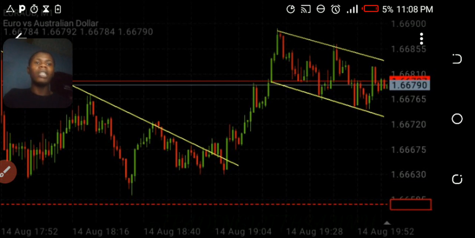No, that's where continuation chart pattern comes in. One of the reasons the market does continuation chart pattern is to give folks that missed the first entry a chance. Whenever the continuation chart pattern is being formed, the market will actually give room for some guys to get in. If you miss the reversal chart, you can wait for the continuation.